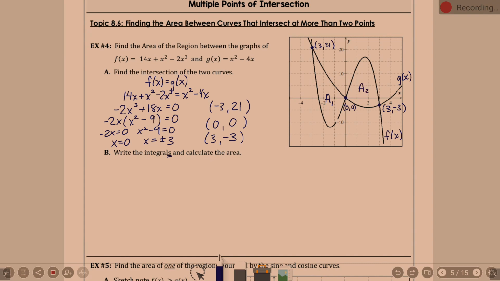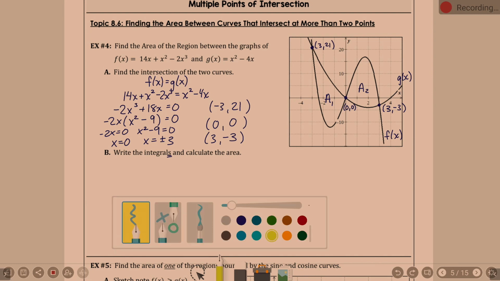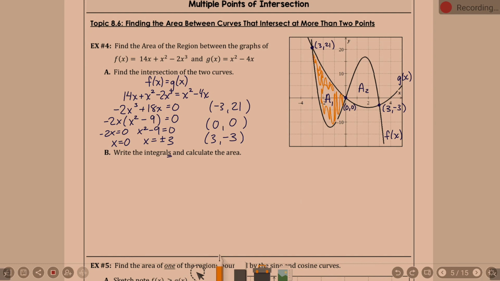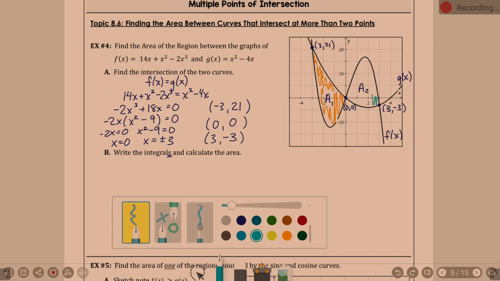Meaning we're going to find one area and the other area and have to add those together. Are you seeing that? So, like we've got A1 here, and then we've got A2 over here.